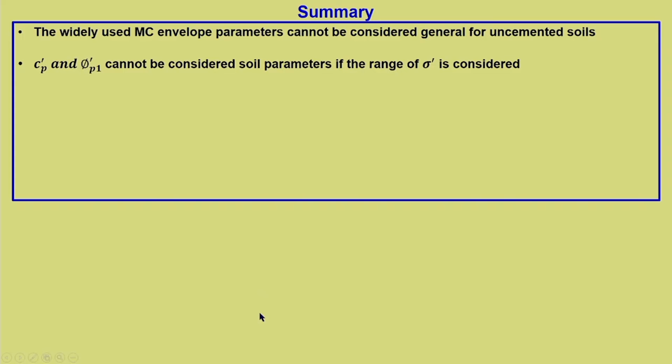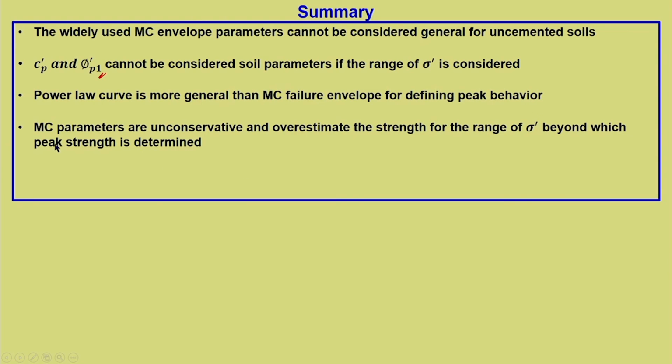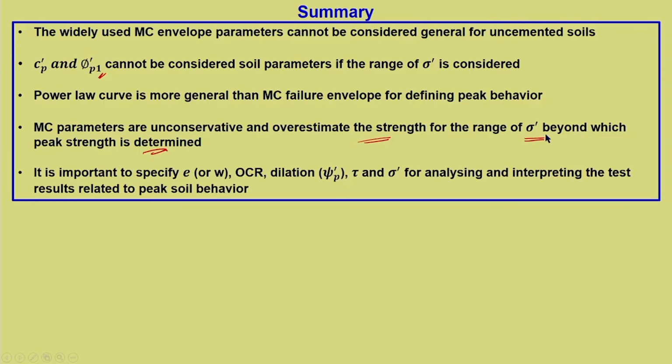C dash P and phi dash P cannot be considered soil parameters if the range of sigma dash is considered. The power law curve is more general than the Mohr Coulomb failure envelope for defining peak behavior. So, Mohr Coulomb parameters are unconservative and overestimate the strength for the range of sigma dash beyond which the peak strength is determined. So long as it remains within the range, it is fine.